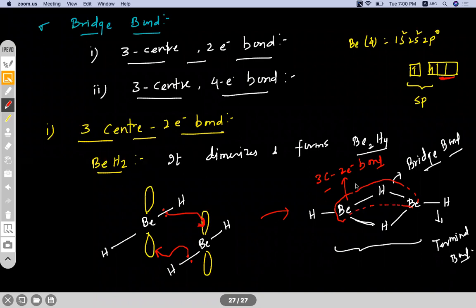That's why the bond is a bridge bond, and it has 3 nuclei, 1, 2 and 3. So it is 3-center, and since these 2 electrons are distributed among the 3 atoms, it is a 3-center 2-electron bond. Even this bond is also a 3-center 2-electron bond. Yes, you are right, Gayatri. You have to keep in mind that in Be2H4, we have a bridge bond that is 3-center 2-electron.